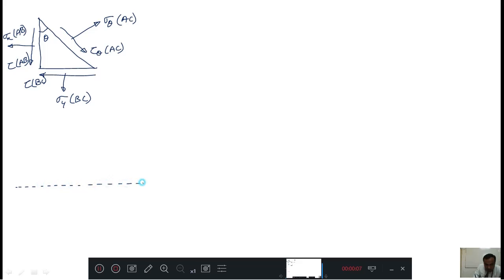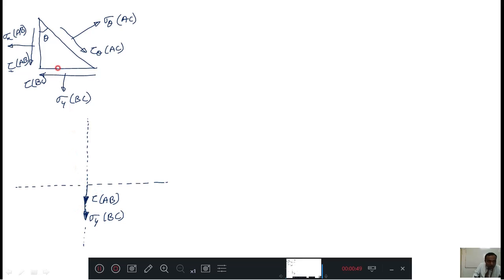This is the x axis, this is the y axis. Okay, now look at here, sigma y is acting downward, sigma y into BC. Now this tau is actually acting downwards, that tau is acting downward, tau into AB. Any doubts? These two? No doubt.